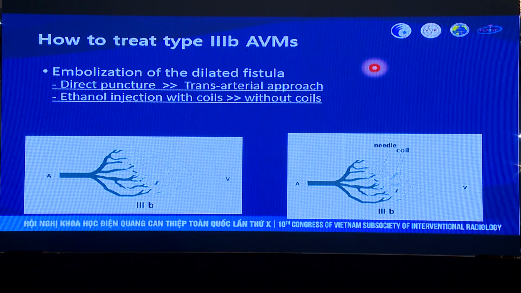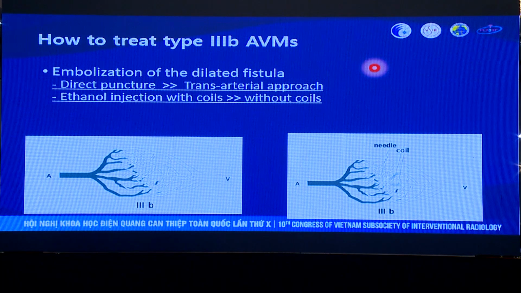Ethanol injection with coil embolization of the venous sac is more efficient because the large venous cavity should be filled with a coil. Then we can control the flow velocity, and ethanol can be effective at that time.